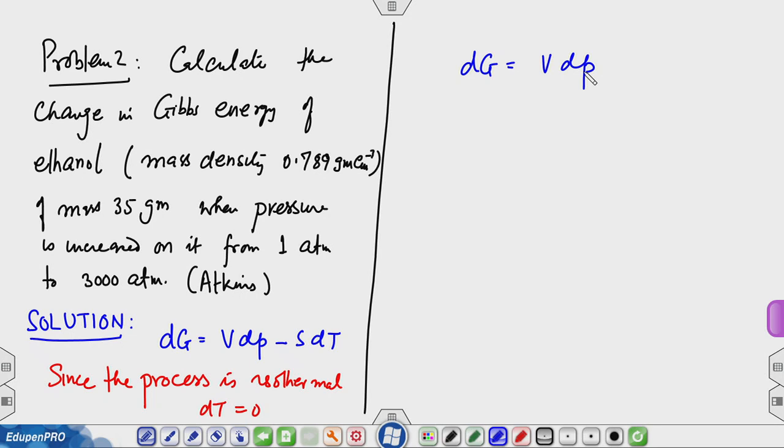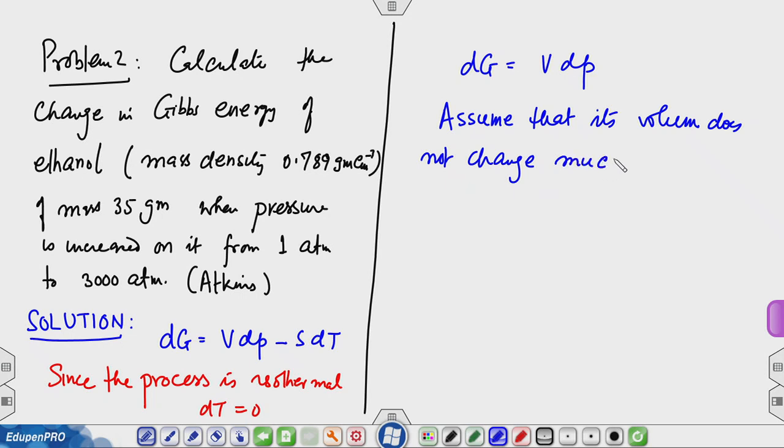Now this is ethanol, this is liquid, so we are going to assume that this volume does not change much when we increase the pressure, although there will be some change. So work, whatever we are calculating, is going to be slightly higher because the volume is going to be smaller. So that work is going to be slightly higher, whatever we calculate, compared to the actual work. But still, we just assume that V is constant.